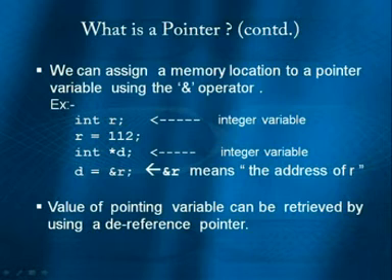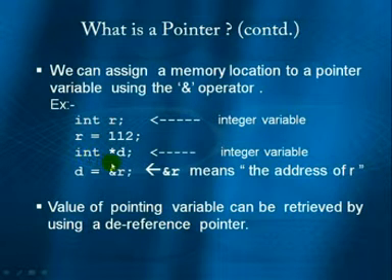A memory location can be assigned to a pointer variable using the AND operator. In this following example, we have an integer variable called r. Then we assign 112 to this integer variable r. Then we declare a pointer d, which is an integer pointer.